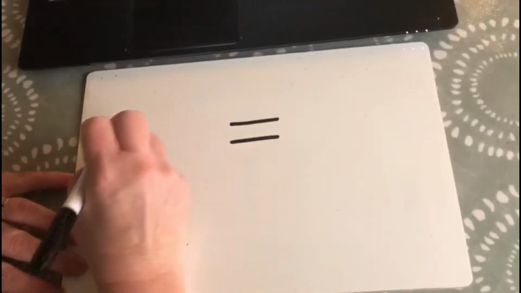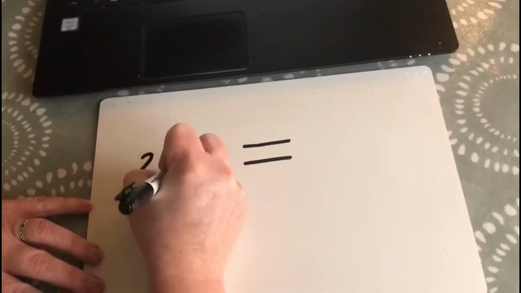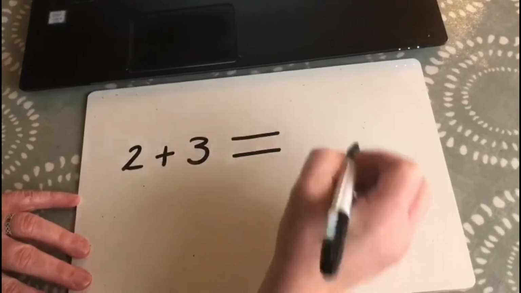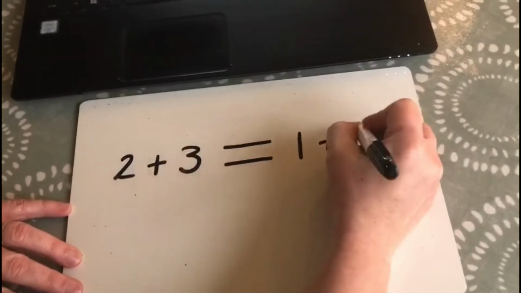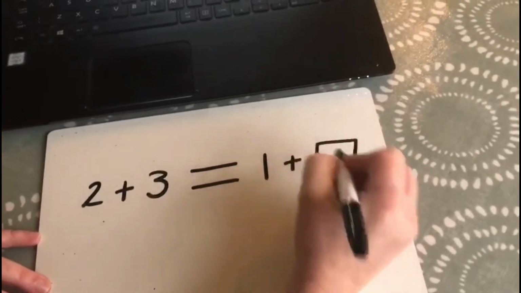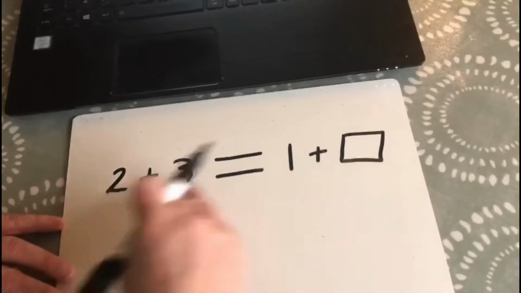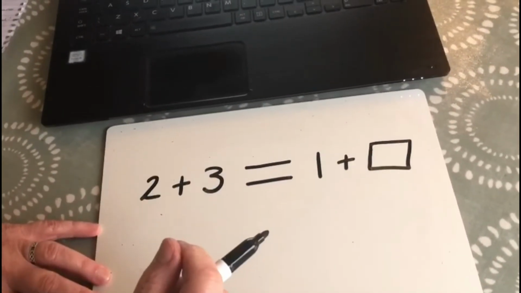So, for example, if I have 2 plus 3 is equal to 1 plus something. Let's see if we can work out what this missing number is by balancing both sides of the number sentence to make them equal.